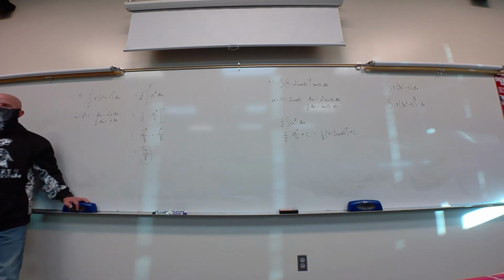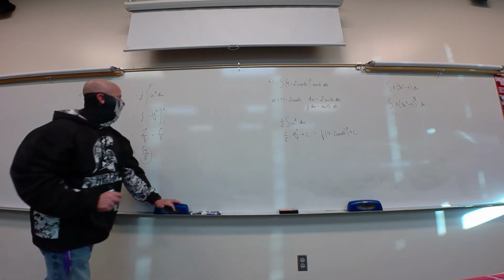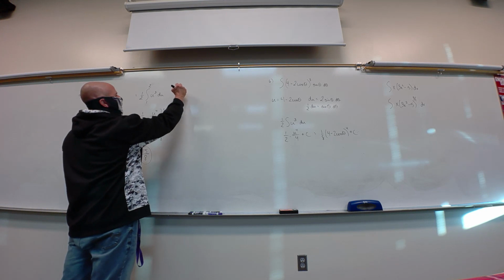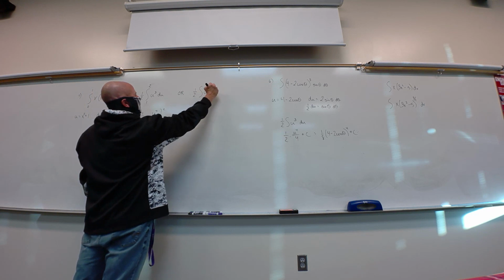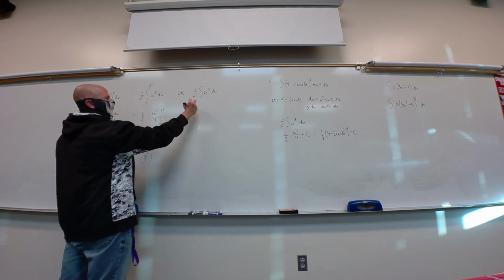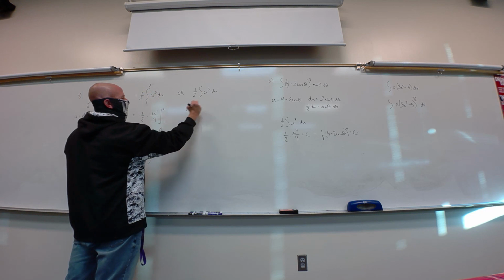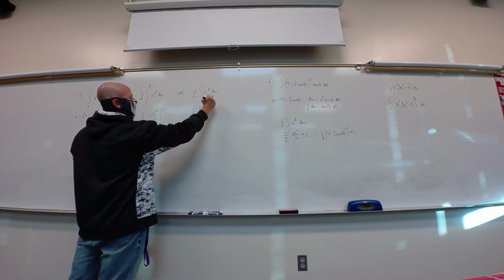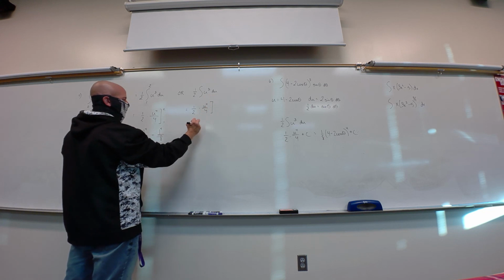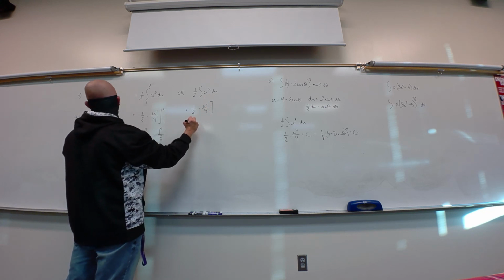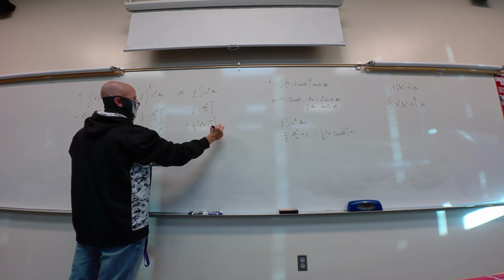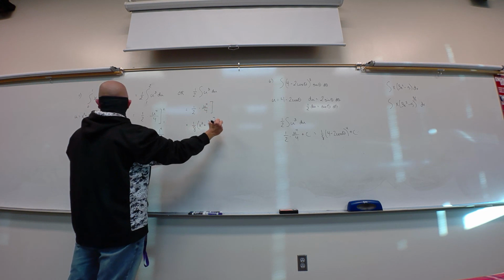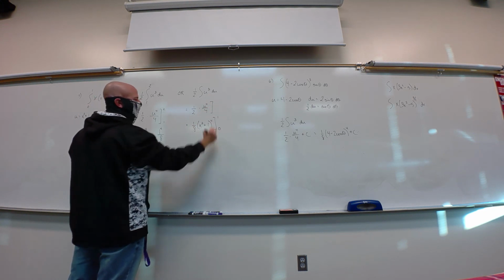If you converted the limits back, would you be able to go back to x? If I convert it back and go back to x, I could do this. 1/2 integral u cubed du would be 1/2 u to the 4th over 4, which would be 1/8 (x squared plus 1) to the 4th from 0 to 1.